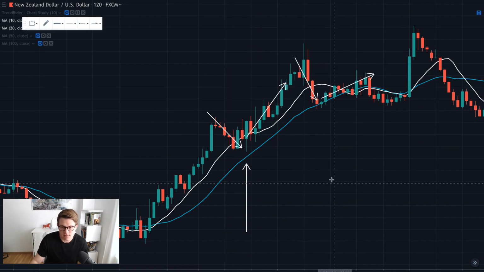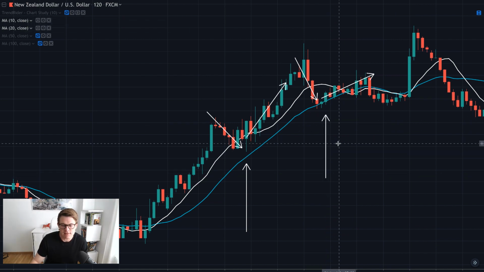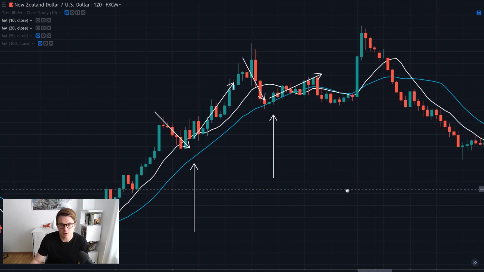And those areas, when the price pulls back into your moving average, are something that many traders will use as buying opportunities. So maybe you missed your first trade entry here, or you want to enter or add to an existing position. This can be done during pullbacks.